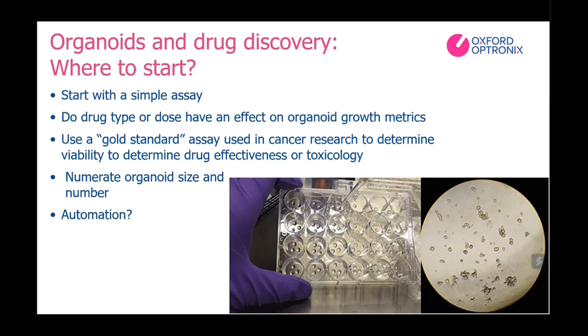So organoids and drug discovery, where does one actually start? So for those of you whose organoid research will have a focus on viability, functional, or high throughput assays, it's worth noting that many organoid researchers in the early days of this model are taking a basic approach that has been utilized as a gold standard in the cancer research community for over 20 years.